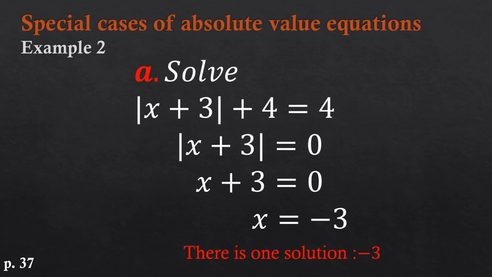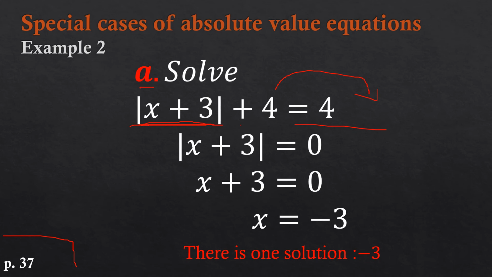So we have special cases of absolute value also on page 37, okay? So we have example 2A, solve the absolute value of x plus 3, plus 4 equals 4. So you have to move 4 to the other side. What we do here, you have to let the absolute value alone on one side, okay?